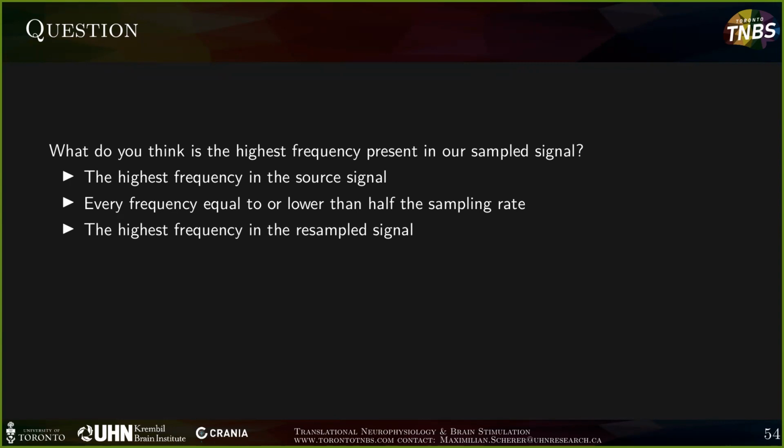So we got a relatively equal distribution again, which is kind of interesting. The highest frequency in the source signal, if that's, let's say, your 60 hertz line noise, and you sampled at 40 hertz, you're going to alias that. And that's not going to be the highest frequency component in the sampled signal.